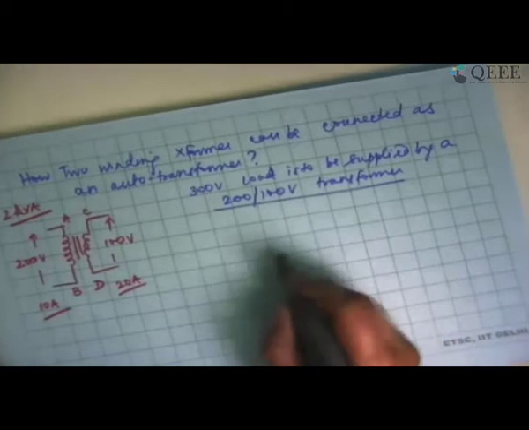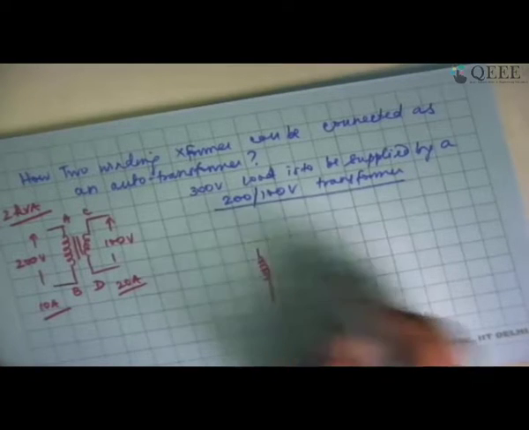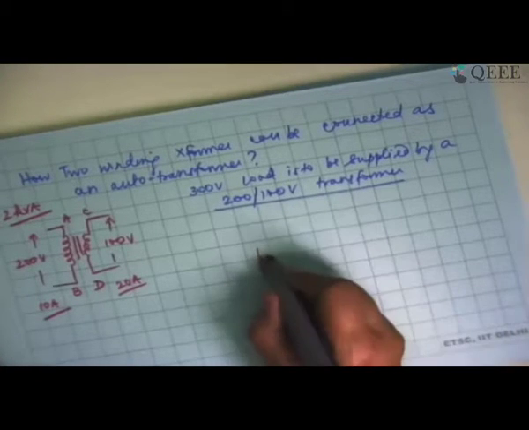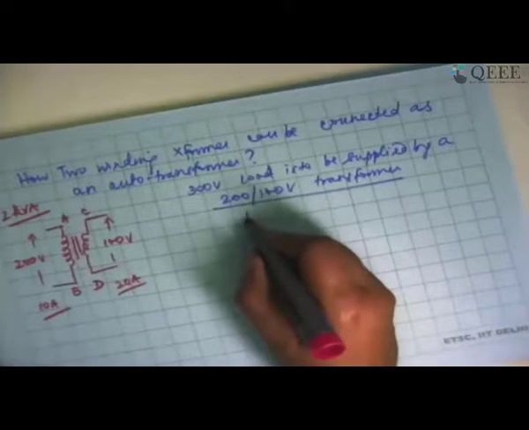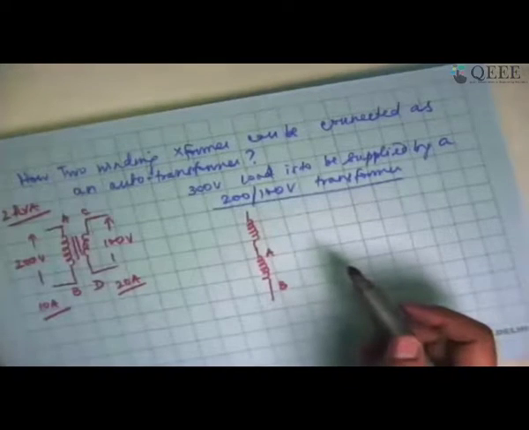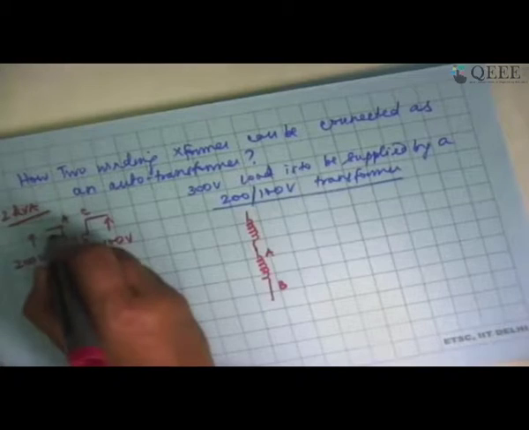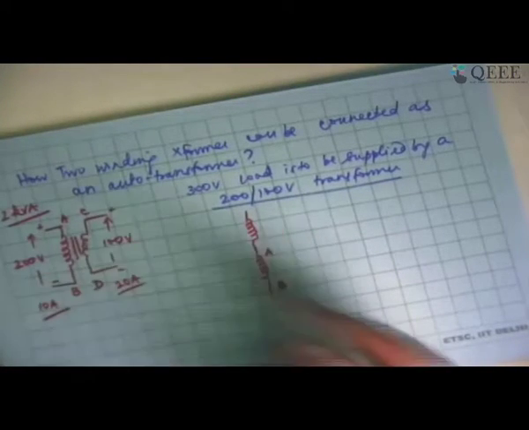Okay. Now let me just draw first of all this is my 200 volt supply, primary winding. I am going to draw the secondary winding in such a way that they are going to come in series addition. So if this is plus and this is minus, this is plus and this is minus.